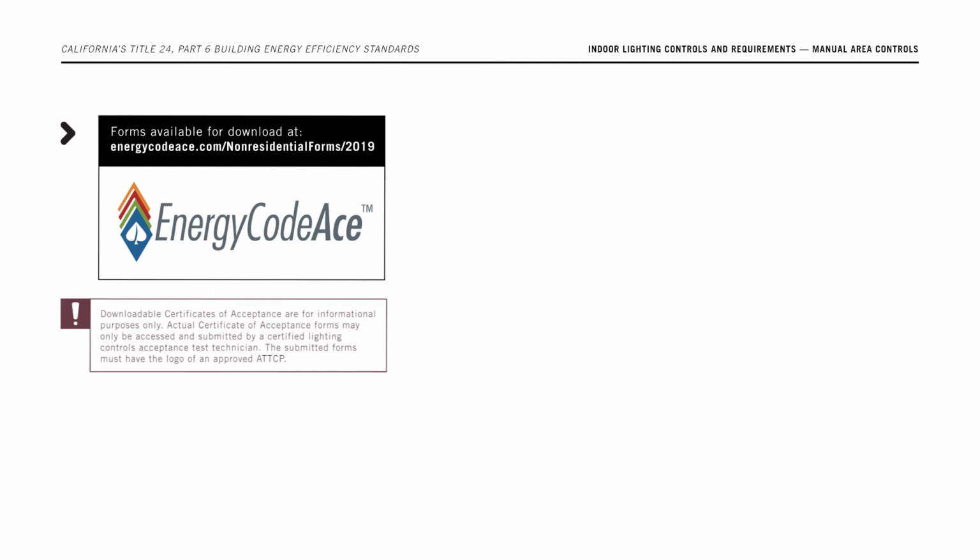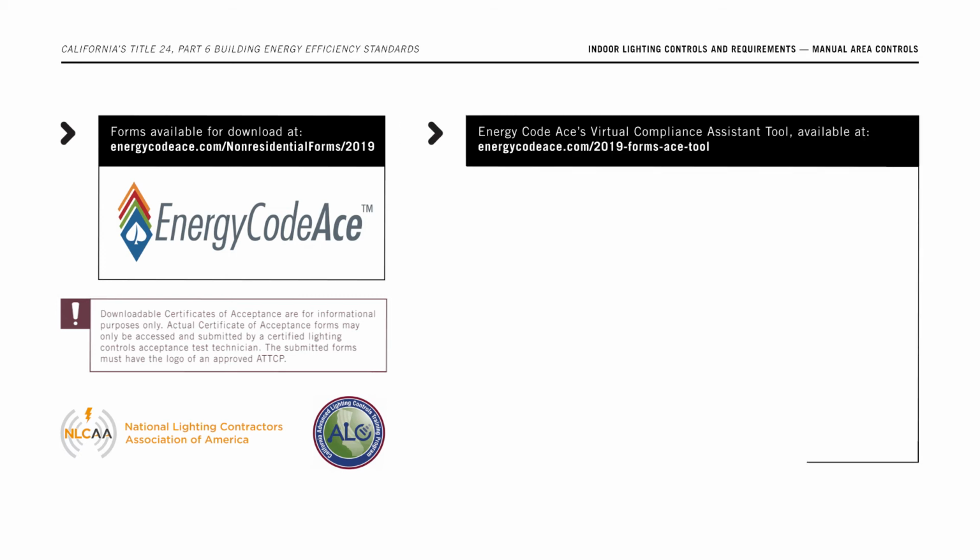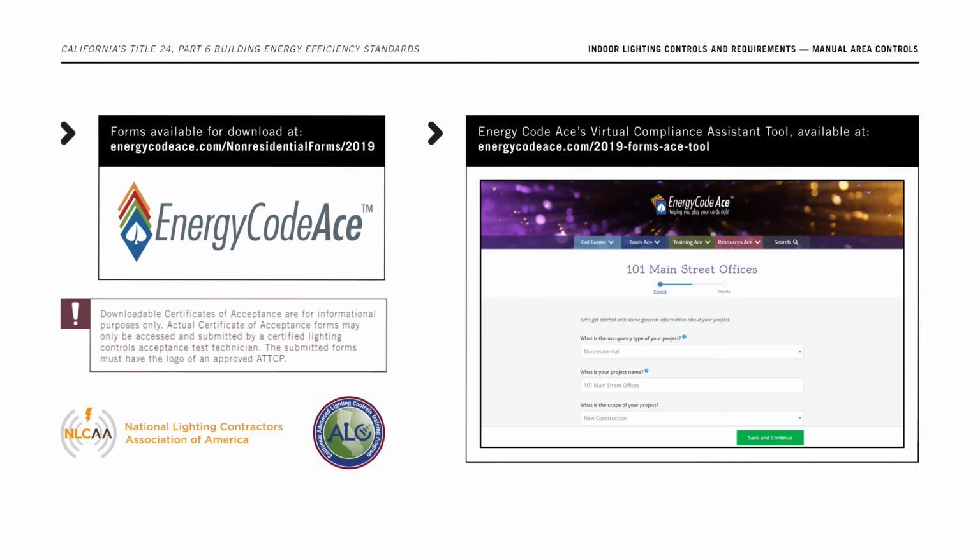The submitted forms must have the logo of an Approved Acceptance Test Technician Certification Provider, or ATTCP. Additionally, you can access Energy Code ACE's Virtual Compliance Assistant tool at www.energycodeace.com/2019-forms-ace-tool, which is available to help you fill out the certificates of compliance.